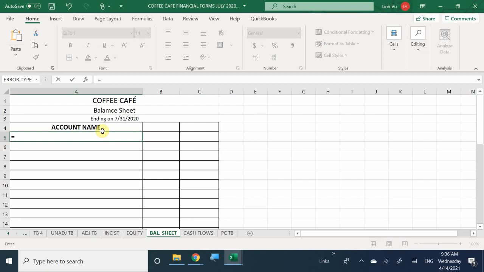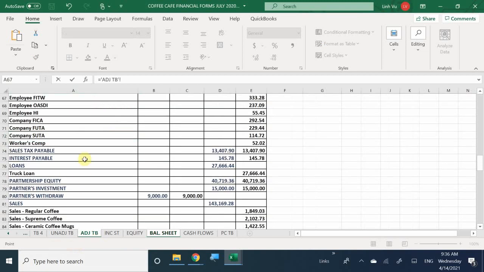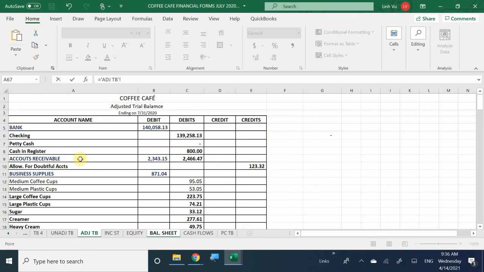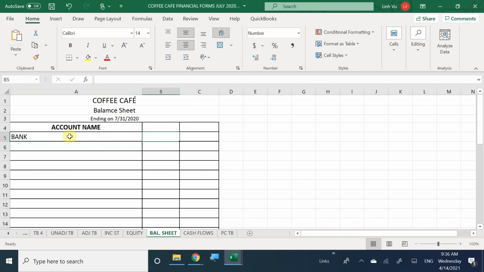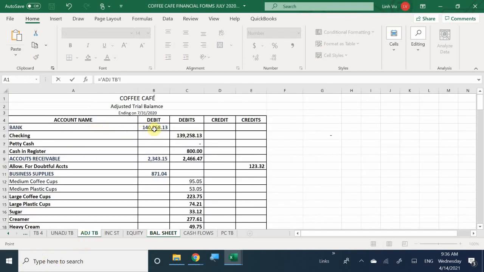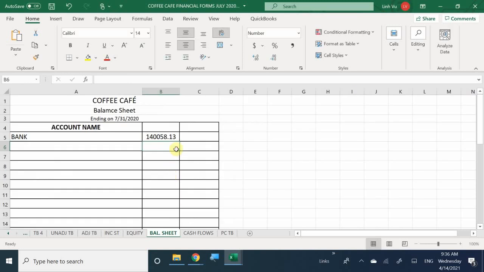Okay, starting with my first asset, which is going to be my bank account. Okay, how much was my bank account for? 145,830.